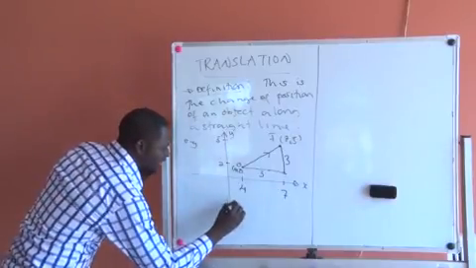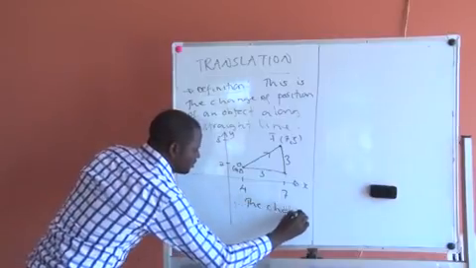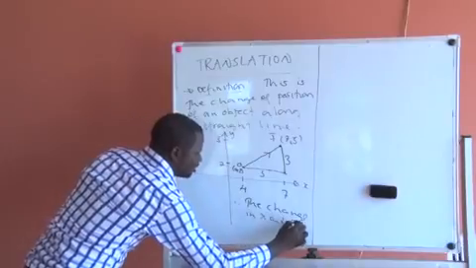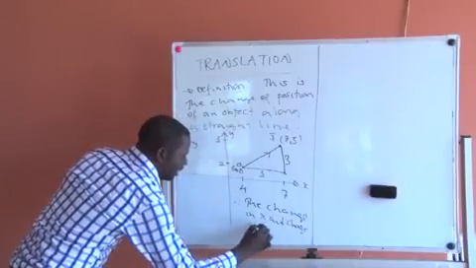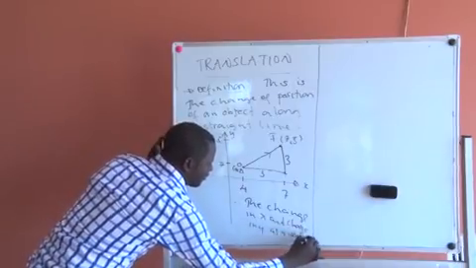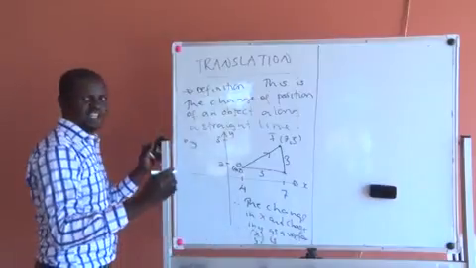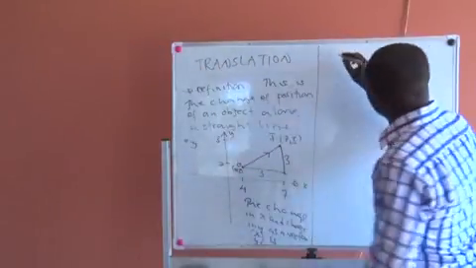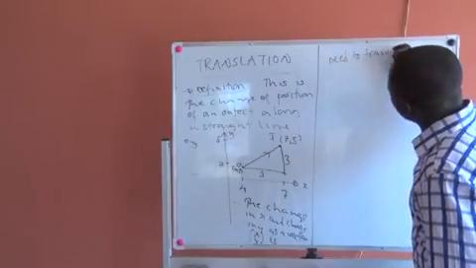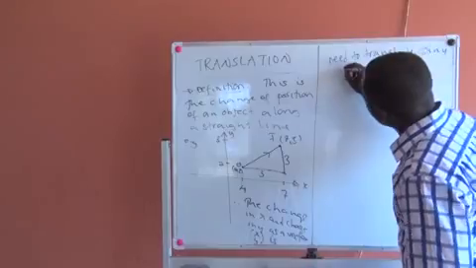So we can say, therefore, the change in x and change in y as a vector (x, y) is needed to translate any object.